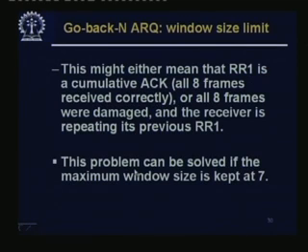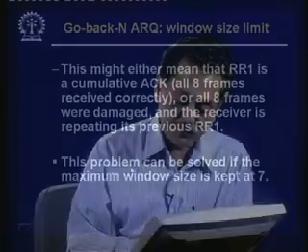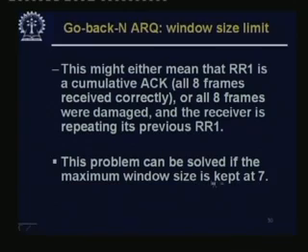So, this might either mean that RR1 is a cumulative ACK for all 8 frames received correctly, or all 8 frames were damaged and the receiver is repeating its previous RR1. A receiver might have to repeat the previous acknowledgement, because it has to put something in that acknowledgement field. So, this problem can be solved if the maximum window size is kept at 7, so that they will not overflow into the next set of sequence numbers.